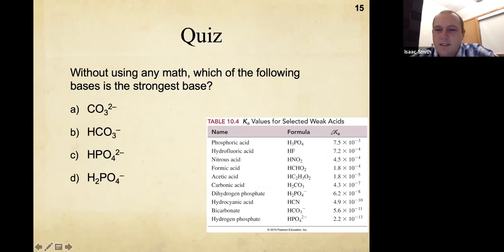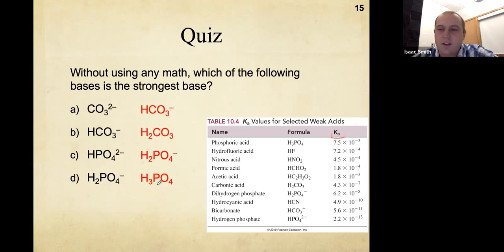And we're giving Kas. So you could look at the conjugate acids of all these. For example, the conjugate acid of carbonate is bicarbonate, and I'll just list the different conjugate acids here. You could then look at the Ka values, calculate Kb, and then compare all the Kb values for these bases and see whichever has the highest Kb would be the strongest base.